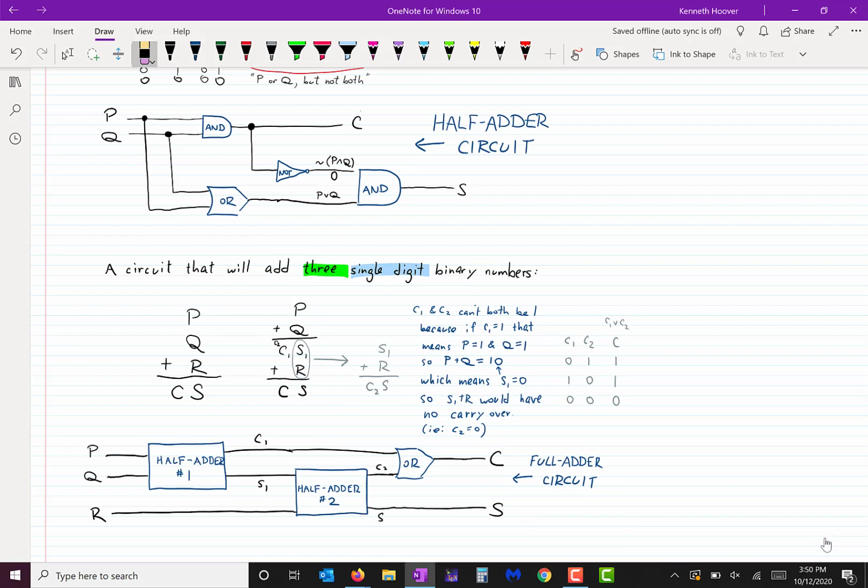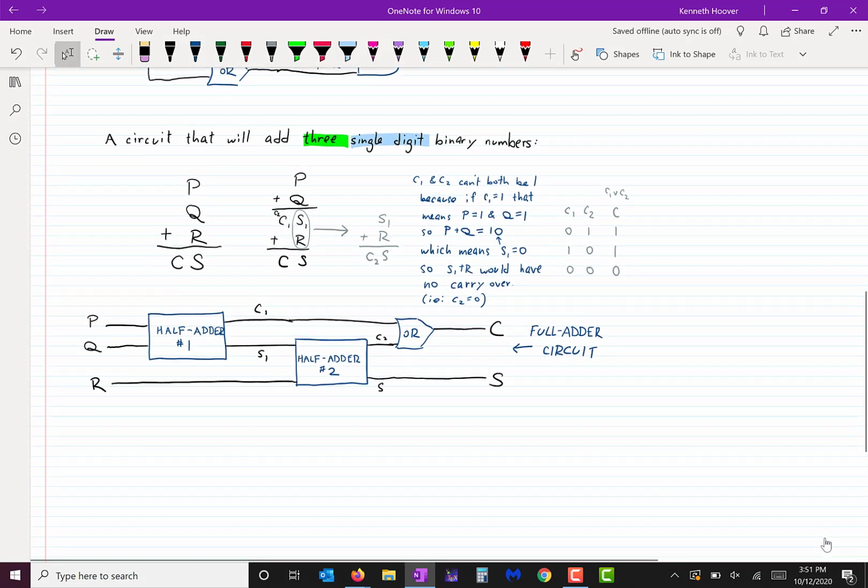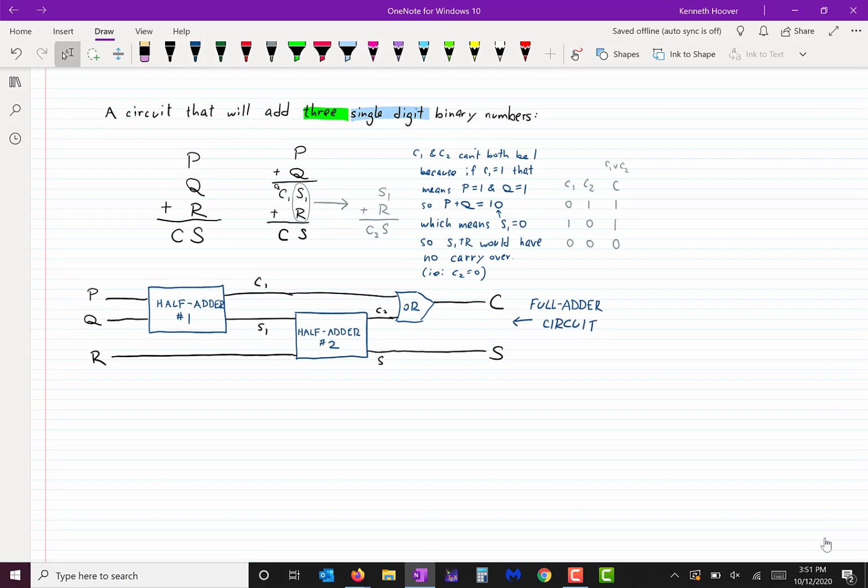Wait, before we go on, I just want to convince you that this is correct. First of all, let's write down the different possibilities. We're adding P, Q, and R in binary numbers.